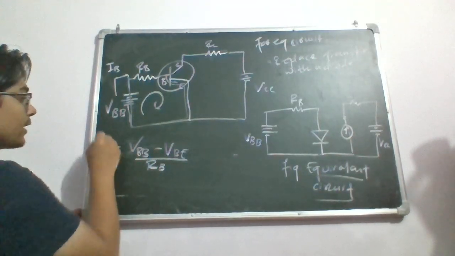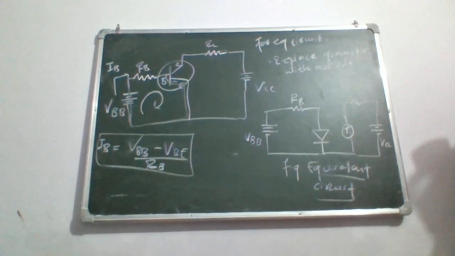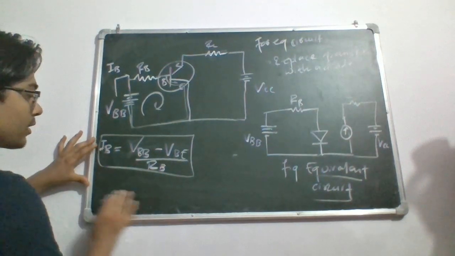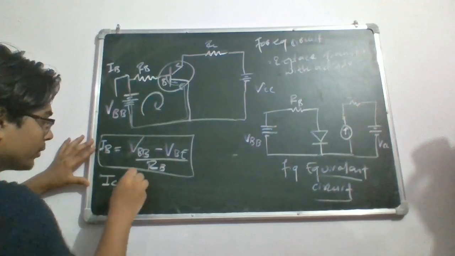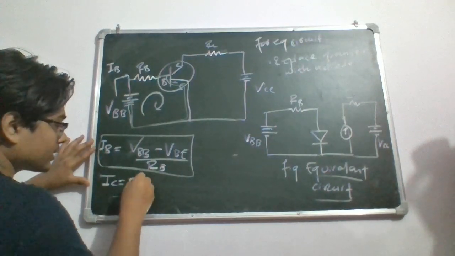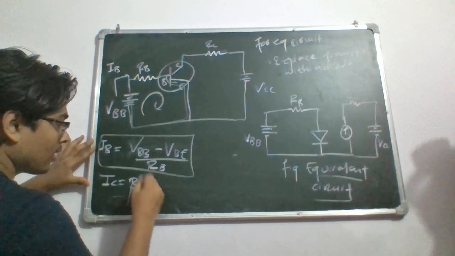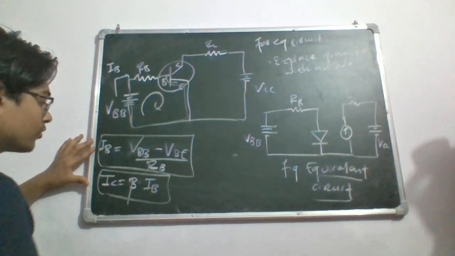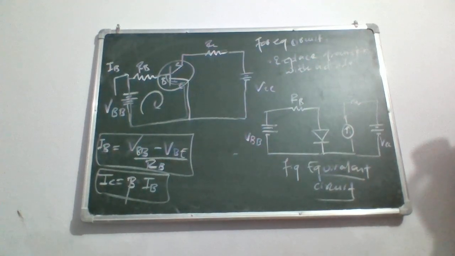So this is what we get for the expression for base current. Now if you want to know what the collector current is, in the transistor it's just beta times IB. This is what we get for the expression of IC.